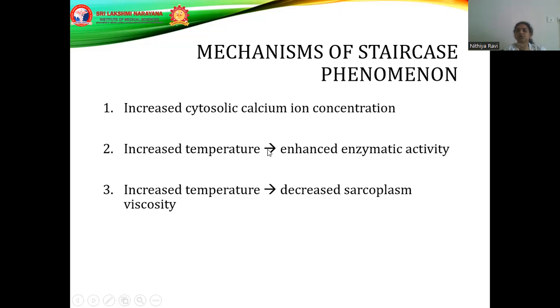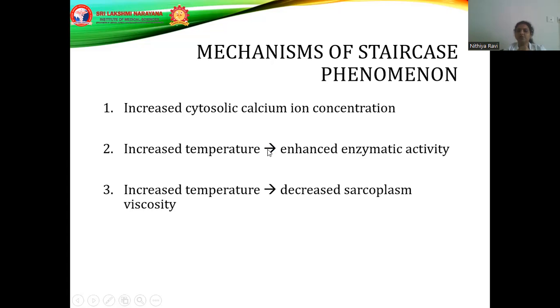But in case of the staircase phenomenon, you are continuously stimulating the tissue at short intervals. So you don't give enough time for the calcium to enter back into the sarcoplasmic reticulum. That is causing an increase in the cytosolic calcium ion concentration. Okay. Because of this, there is an increase in the contraction.